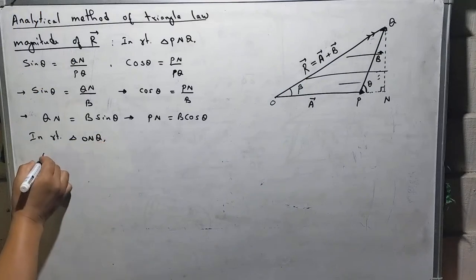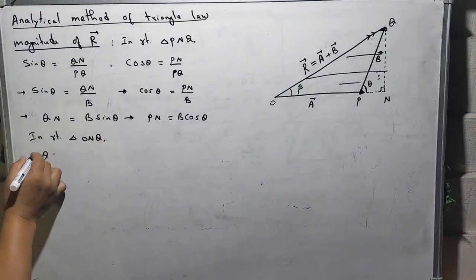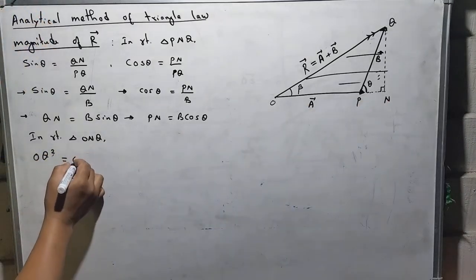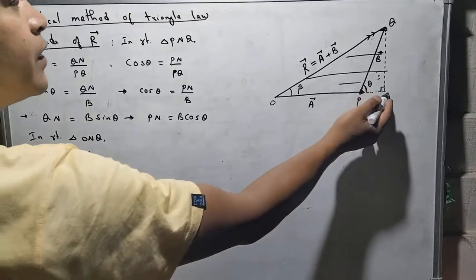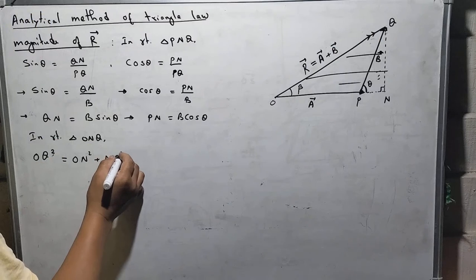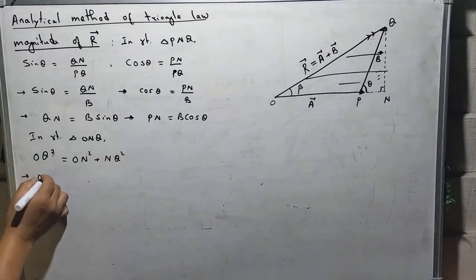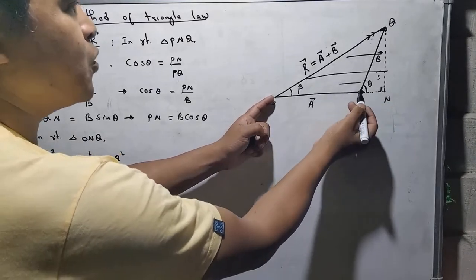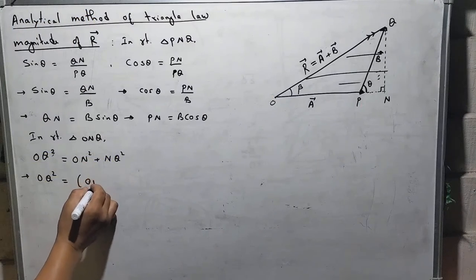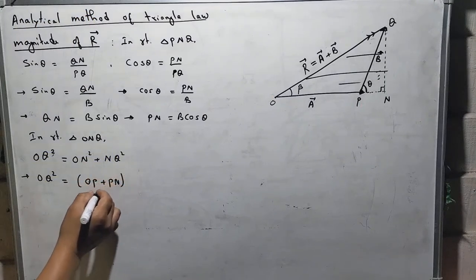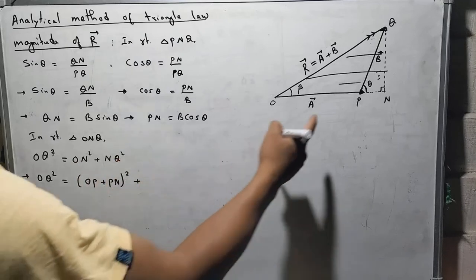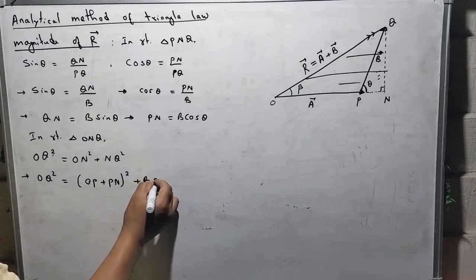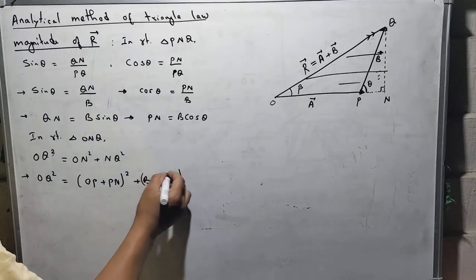So OQ square is equal to ON square plus NQ square, or OQ square is equal to ON, and this ON can be written as OP plus PN, and then outside we have square, plus NQ. For NQ, we have seen here it is equal to B sine theta. So I'll write B sine theta and then square.